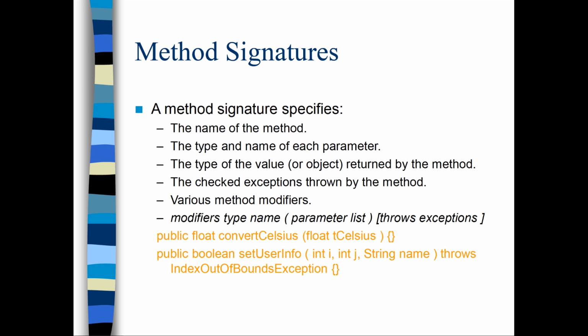So what is a method signature, basically? A method signature specifies the name of the method, the type and name of each parameter if present, the type of the value or object returned by the method, the checked exceptions thrown by the method, and various method modifiers. We need to keep in mind what a method signature contains.